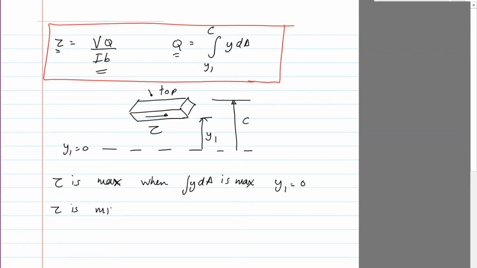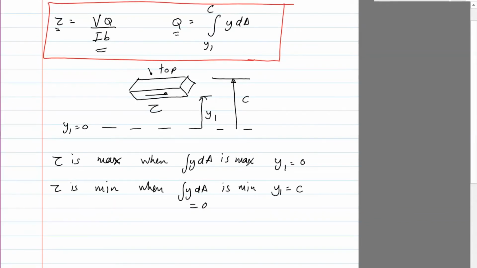Tau is minimum when integral y dA is minimum, which occurs when y1 equals c, where y dA is actually equal to 0. So the shear stress at the top section is going to be 0.